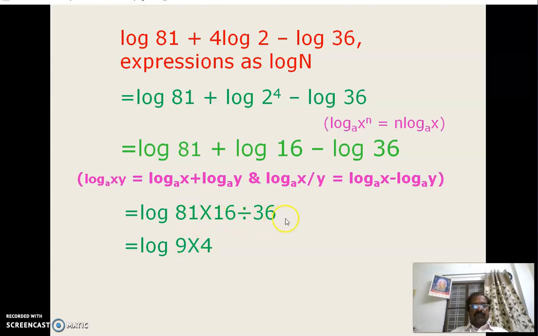Here 4 is left, 4 ones are 4, 4 fours are 16. After cancellation, 9 into 4 will be left, log of 9 into 4, which is 36. So the single logarithm is log 36.